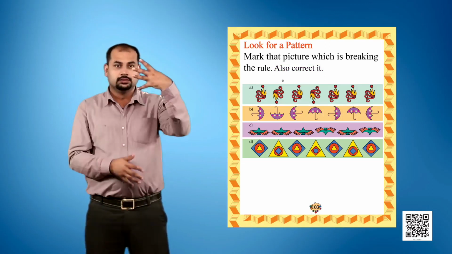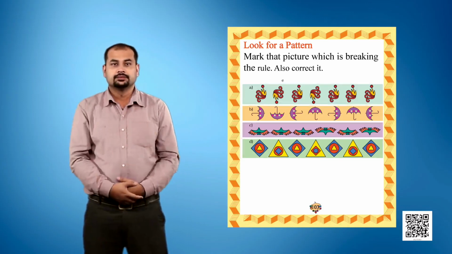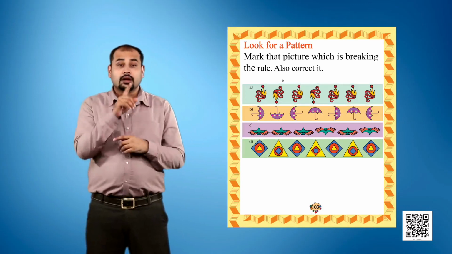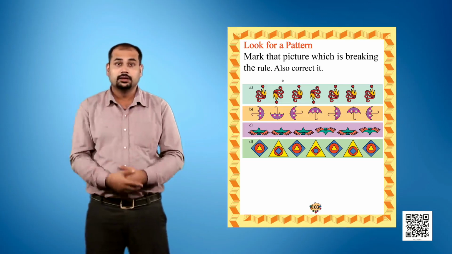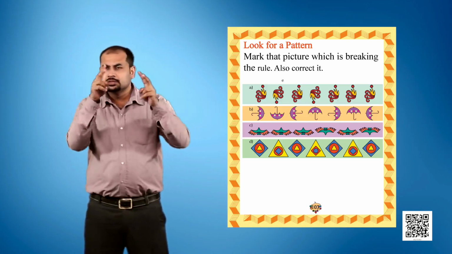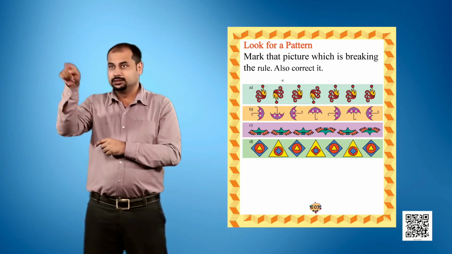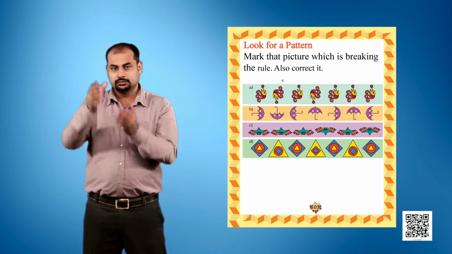We have 4 parts A, B, C and D with different pictures, all of them following a pattern rule. You have to identify the one which is breaking the rule and then try and correct it.